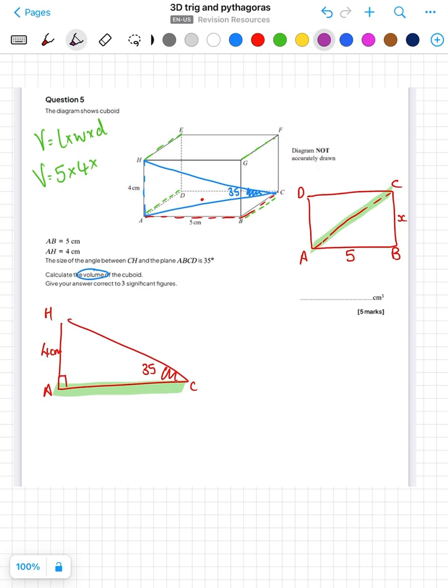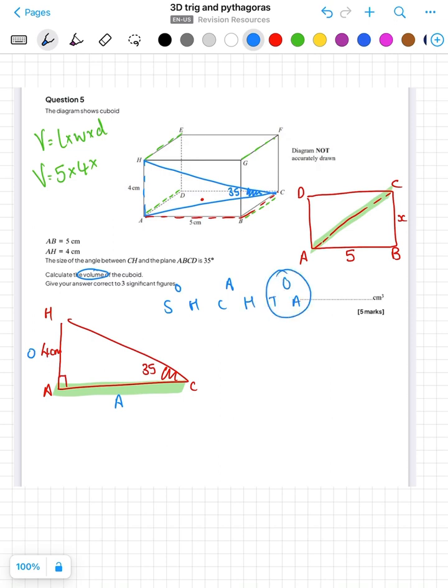Now let's begin calculations. Triangle number 1, what we have is the opposite, and we want to find the adjacent. So we're going to be using trigonometry for this. Pythagoras is lengths only. Opposite and adjacent means we're going to be using TOA.